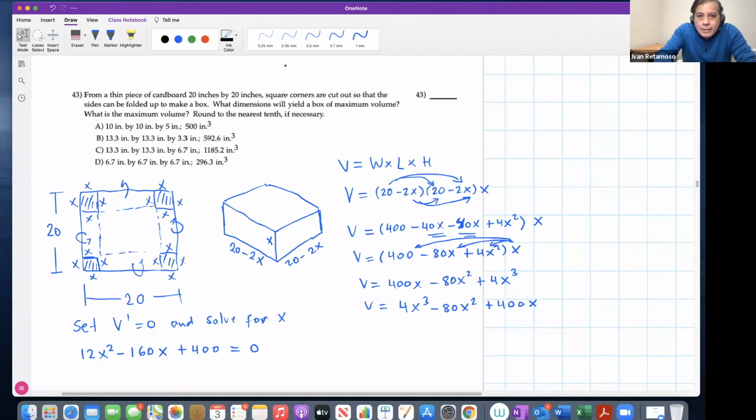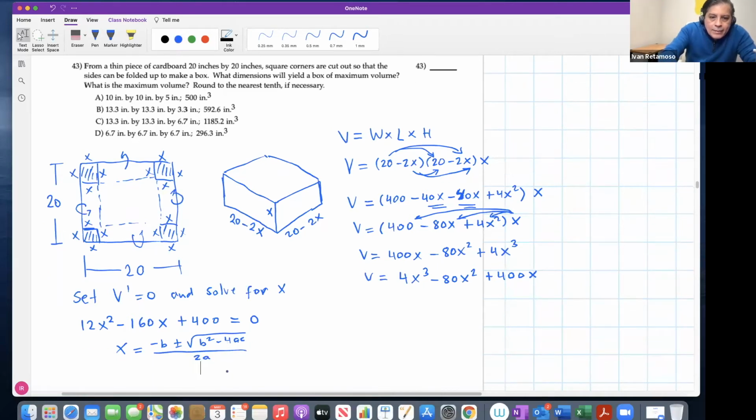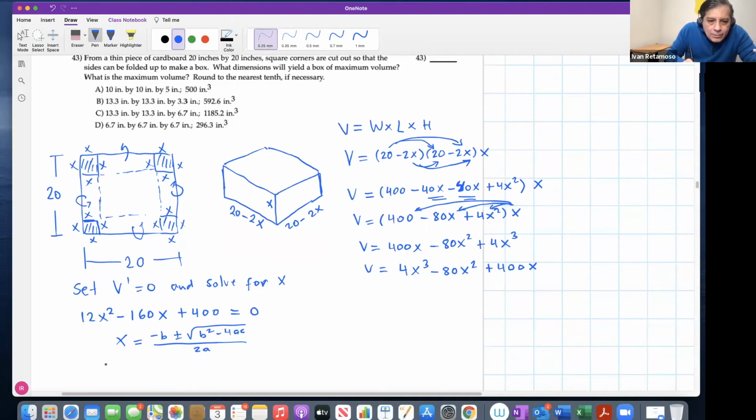No matter what, the quadratic formula will work. But what is the quadratic formula, Professor? It's this formula that you should have handy somewhere: minus b plus or minus the square root of b squared minus 4ac, over twice a. This is called the quadratic formula, and it will allow us to compute two solutions for this equation.